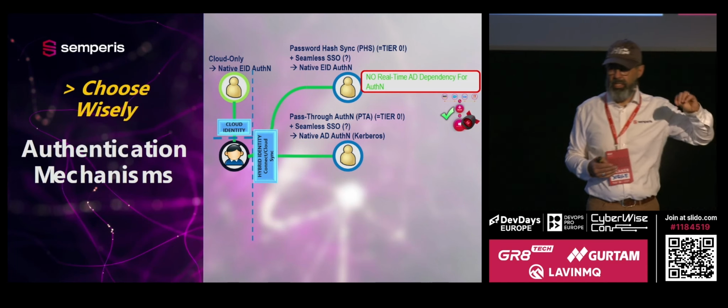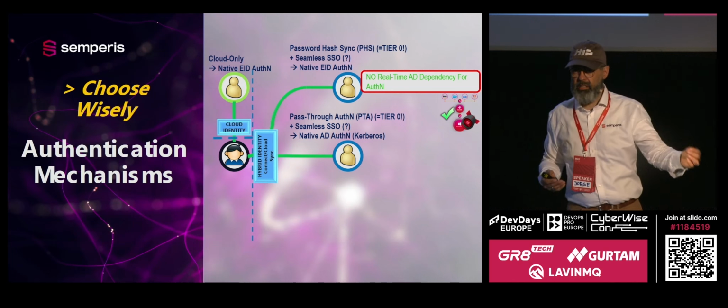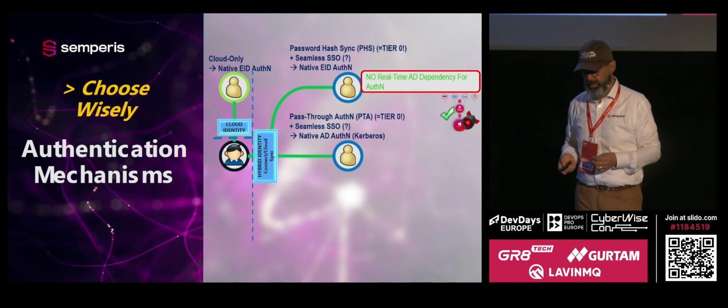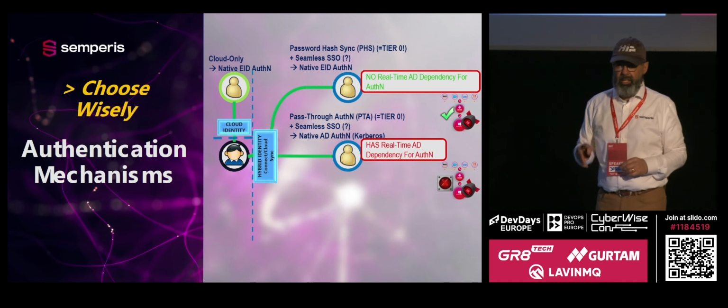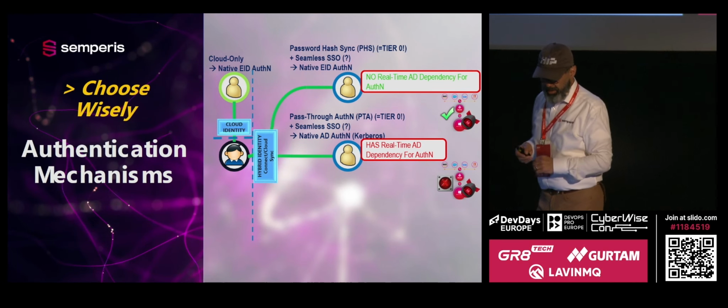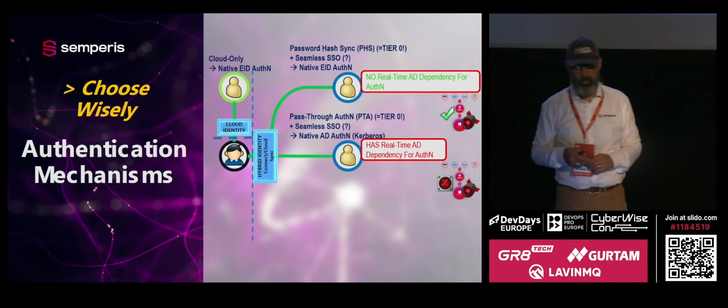But as you can see, when AD is down, there is no authentication provider. So because of that, the whole authentication fails. There's, in other words, a heavy dependency on Active Directory. AD down, if you're using PTA, then your whole authentication mechanism against Entra is also down.